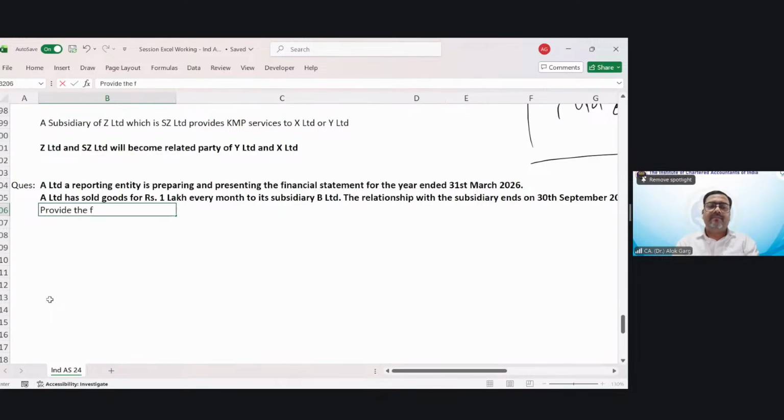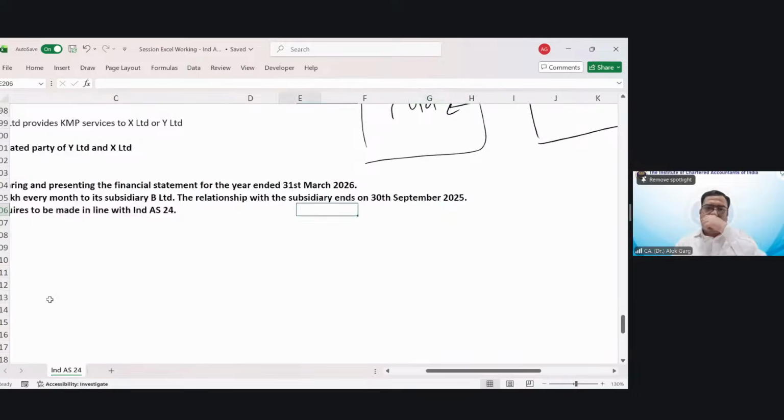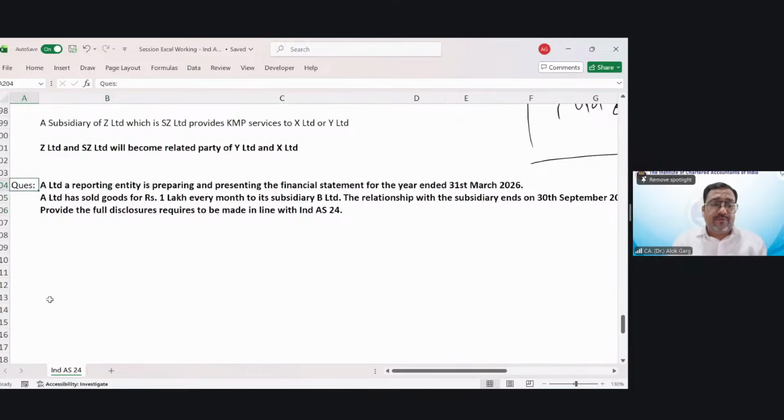Provide the full disclosures required to be made in line with Ind AS 24. Tell me, how should we do the disclosure?